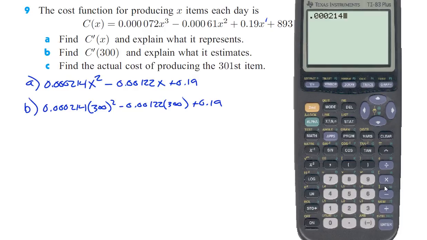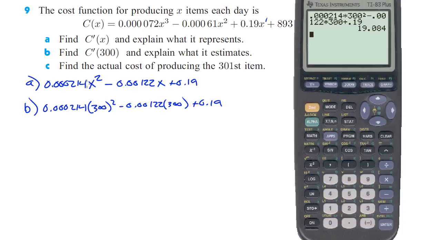0.0214 times 300 squared minus 0.00122 times 300 plus 0.19. All right, so we get 19.084.